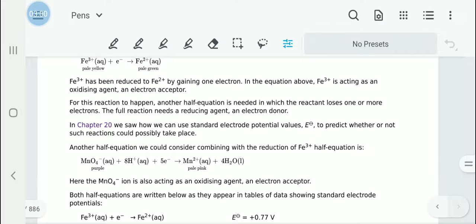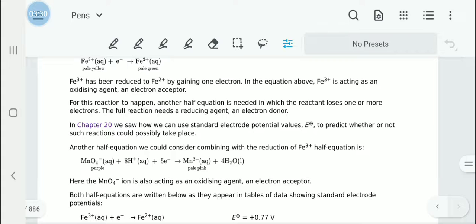That means something should lose one or more electrons, so there should be a reducing agent, that means an electron donor. We discussed how the electrode potential is going to predict whether there is a possibility of a reaction taking place. So that can be used in this scenario as well to find out whether something could lose electrons.